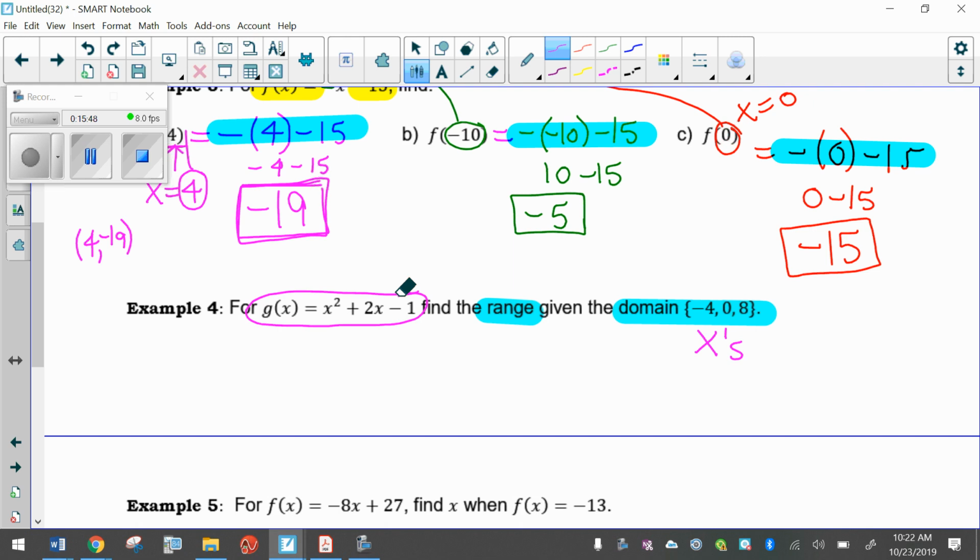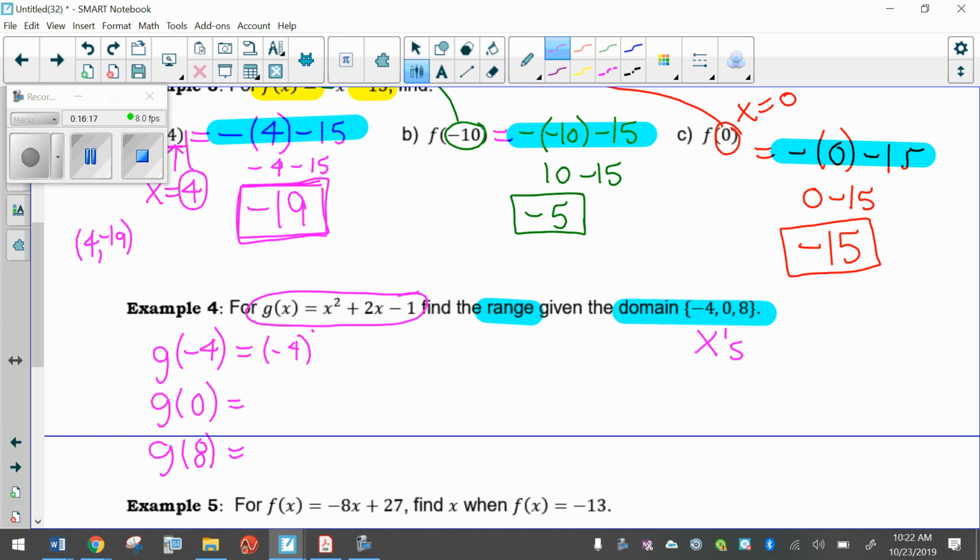I got to do 3 different numbers. I need g of negative 4. I need g of 0. And I need g of 8. Now you are going to show your work when you do this, right? So you're going to show me the filling in of the number. Oh, this is where those parentheses become so important.